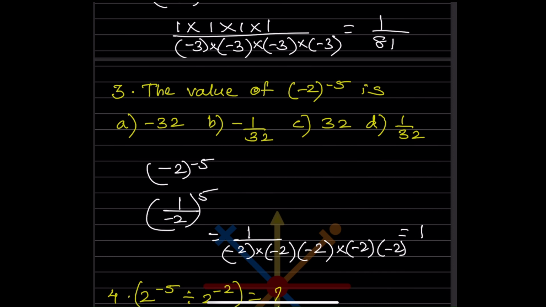So this will be 1 by 2 to the 4, 8, 16 and 32. But here the negative signs are 1, 2, 3, 4 and 5. This is 5, which is an odd number, so it is going to be minus. We can write this as minus 1 by 32, and which is the B option.